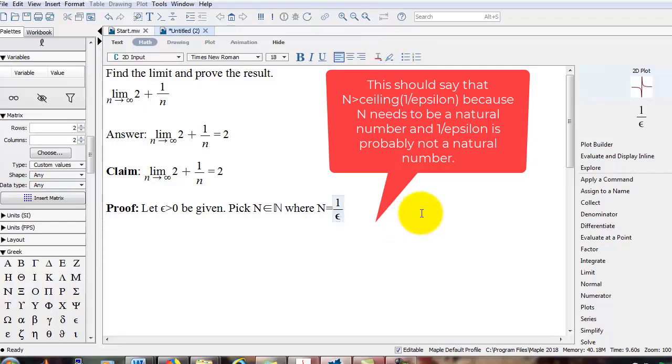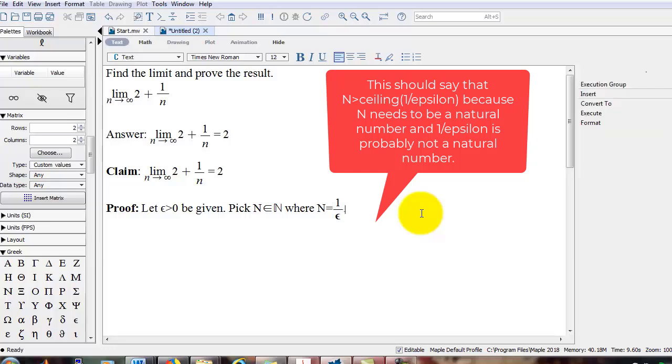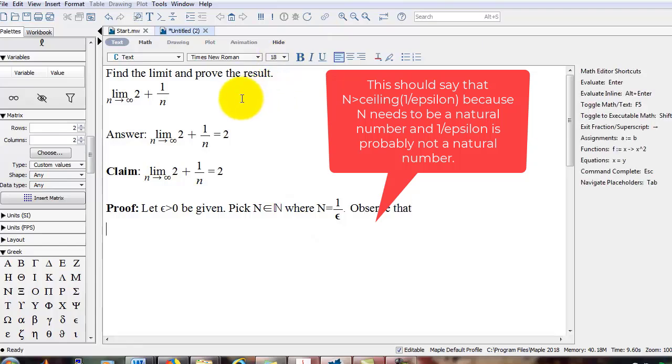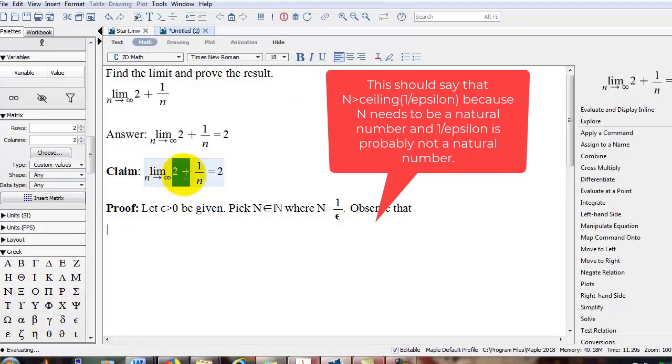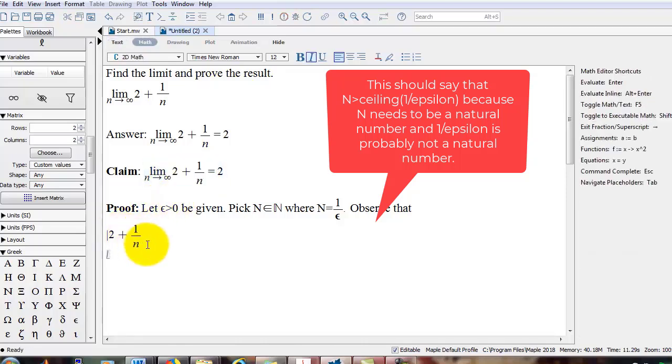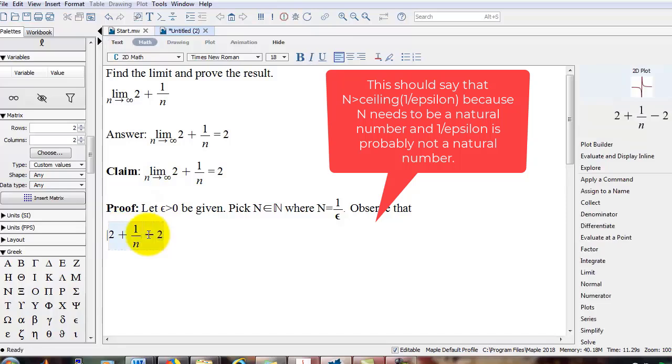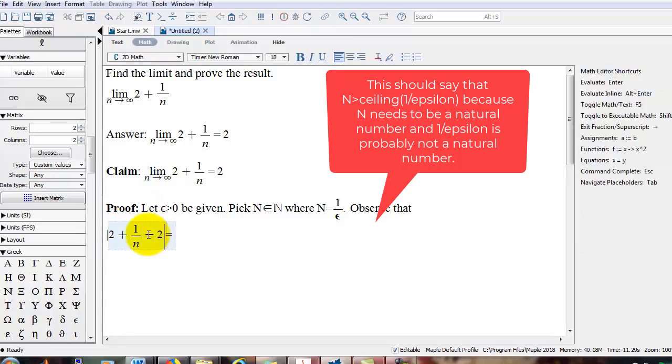Okay, so far, let epsilon greater than 0 be given. We're going to pick a natural number N where N is equal to 1 over epsilon. Now let's tell the reader that they should observe that the absolute value of 2 plus 1 over n minus 2 simplifies to simply 1 over n.